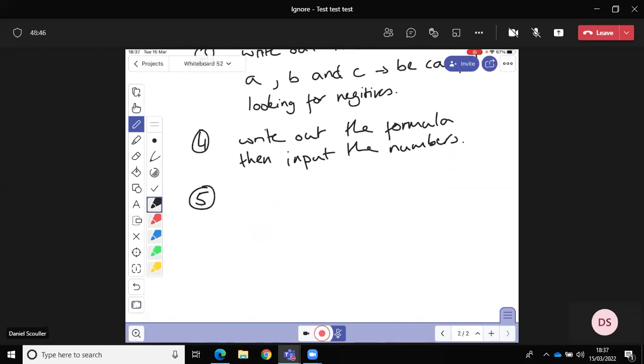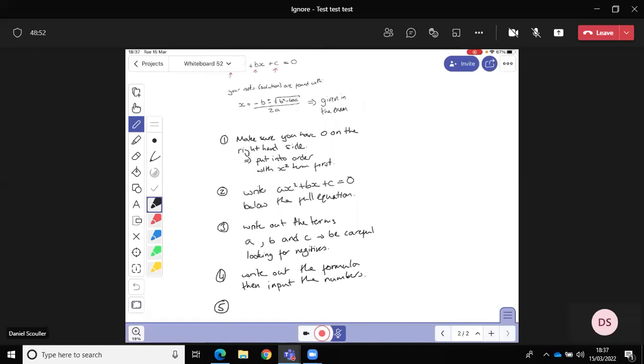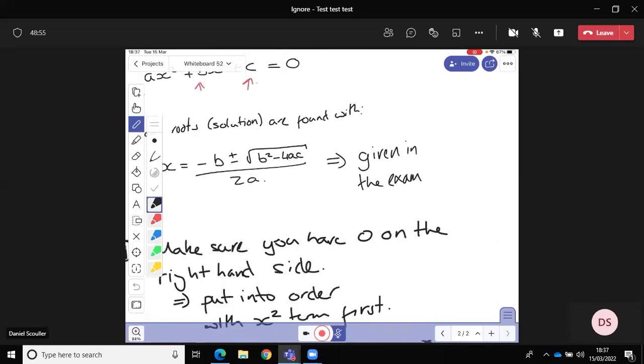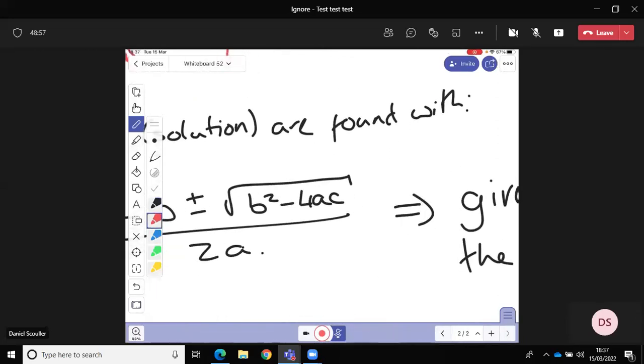Now, there's a part of it that's quite important. It's this b squared minus 4ac part. What I would say is just do that at the side. Take that to one side, do that separately, and then bring it back in.